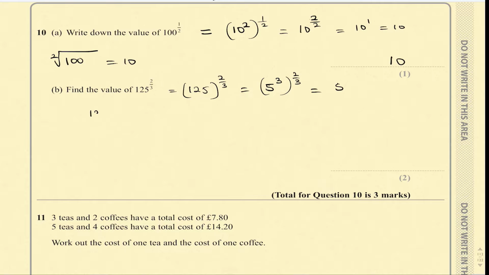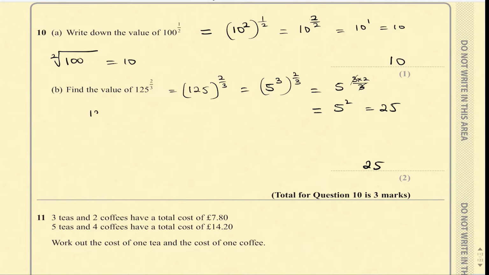So that would be 5 to the power 3 times 2/3, and that will become 5 squared, because 3 cancels 3, and that is 25. So the answer is 25.